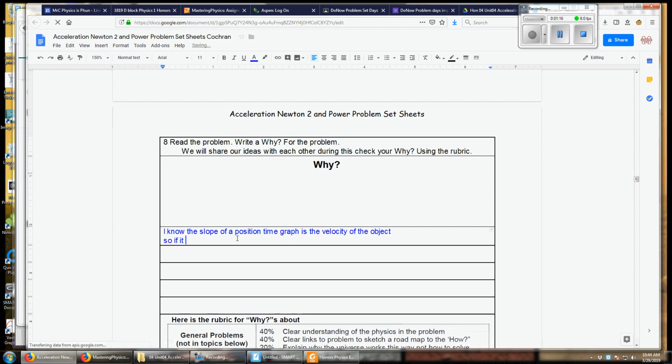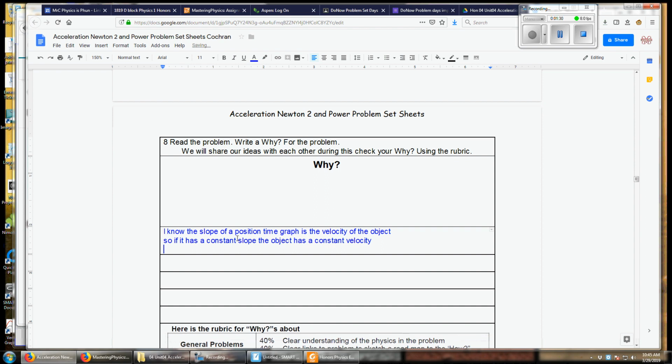So if it has a constant slope, the object has a constant velocity. If the slope is changing, curved graph, the velocity is changing. And then I should probably show I understand the relationship.